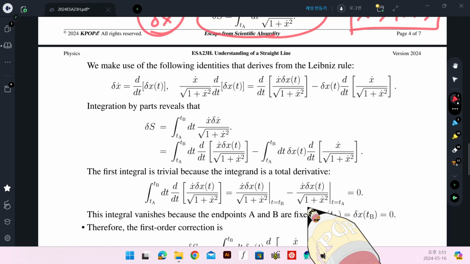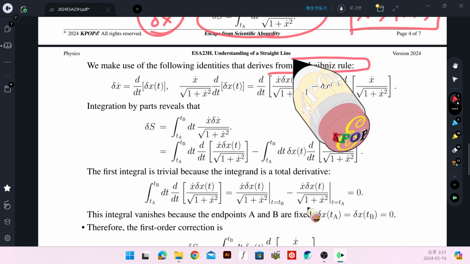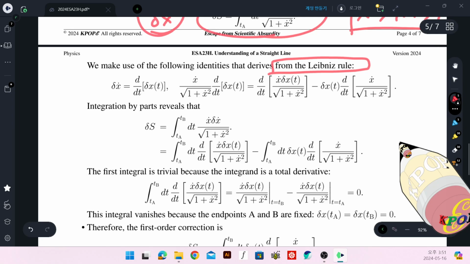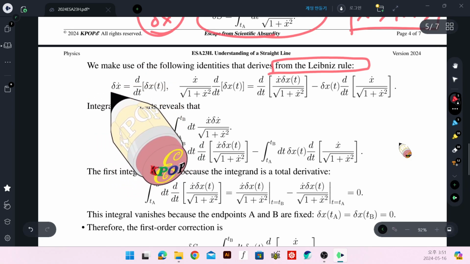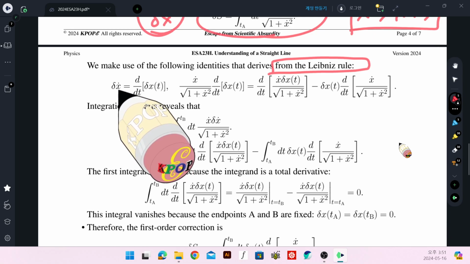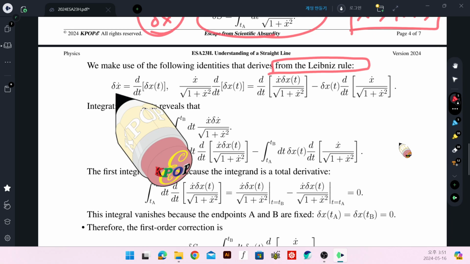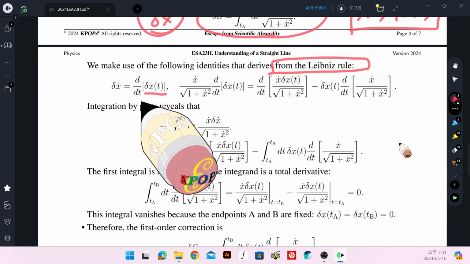All right. So this is another right time to apply Leibniz rule. We remember the variation of x's time derivative is just the variation's time derivative.